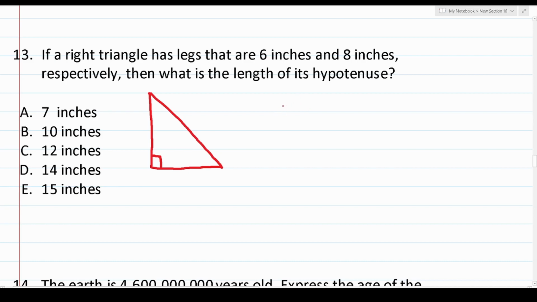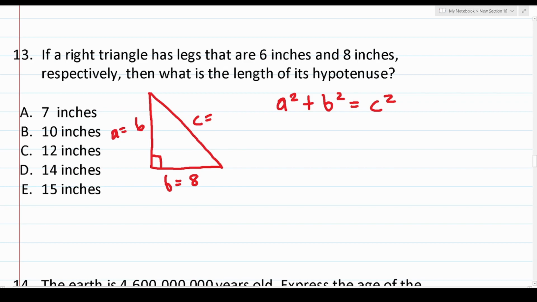That said, the formula for the Pythagorean Theorem is a squared plus b squared equals c squared, where a and b refer to the legs of the right triangle and c refers to its hypotenuse. We're told that the legs are 6 and 8 inches respectively. So on our diagram, I'm just going to say a equals 6, and this is one of the legs, and b equals 8. That means this is C, and we want to solve for C.